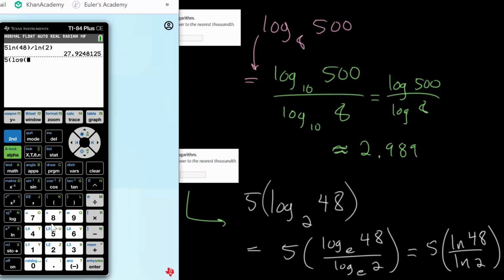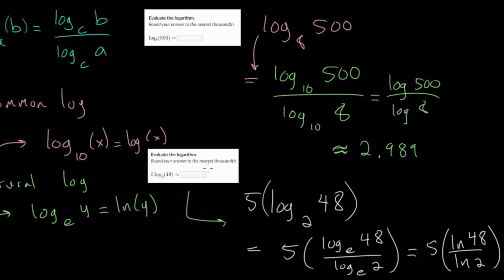We'll use the common log of 48 divided by the common log of 2. Close that parentheses, and it's the same number. So 27.9248. So we got to round up here. So it'd be 27.925. And we can put that in our box, 27.925.